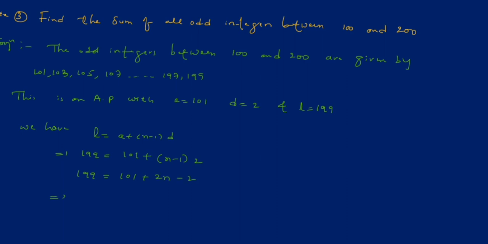So 100 equals 2n. Therefore finally n equals 50. The value of n is 50, right?